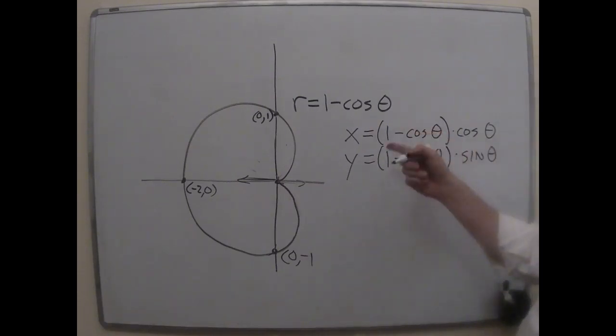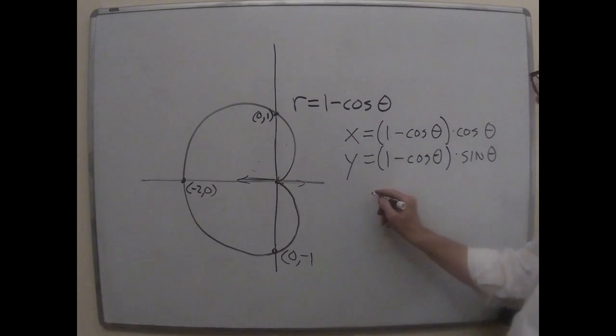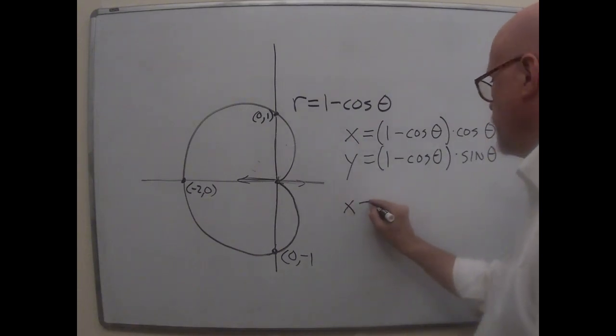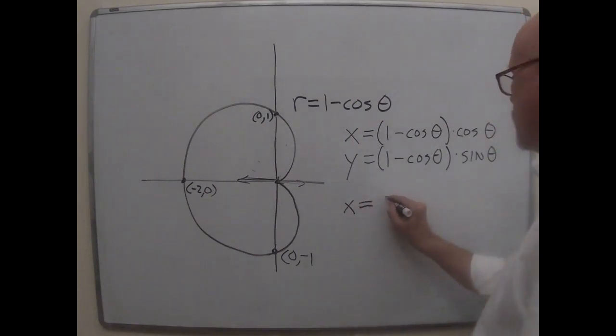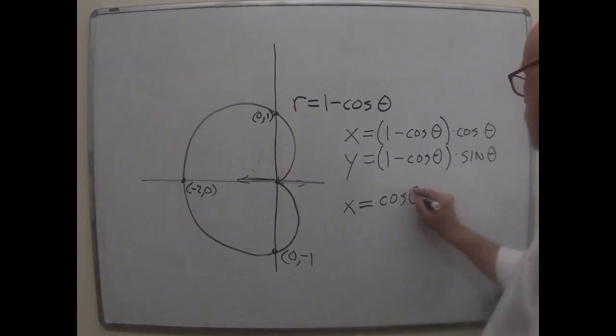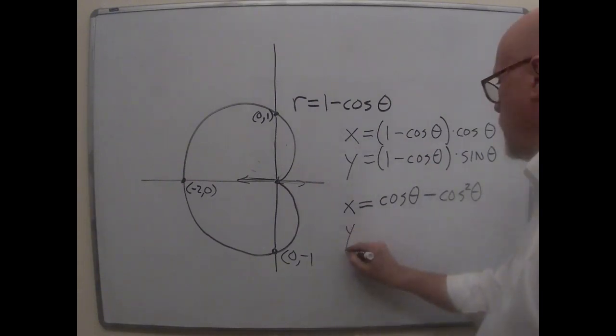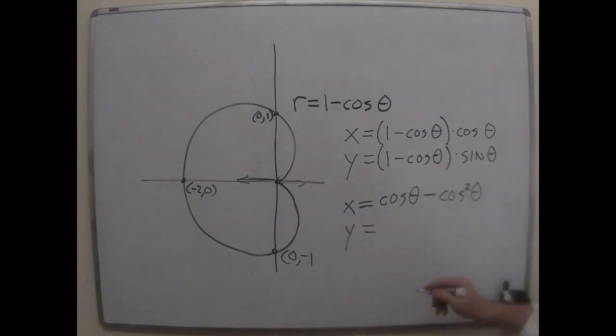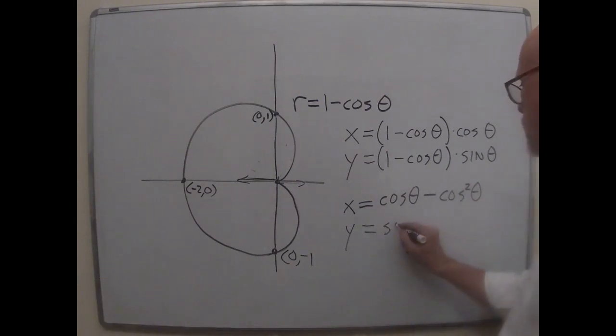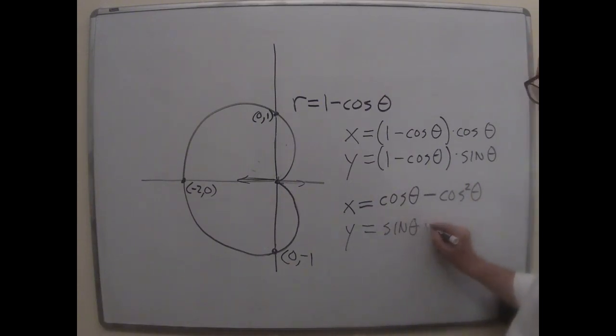I feel like this is all pretty doable. We just distribute. So we'll get cos theta minus cos squared theta. And y is sine theta minus cos theta sine theta.